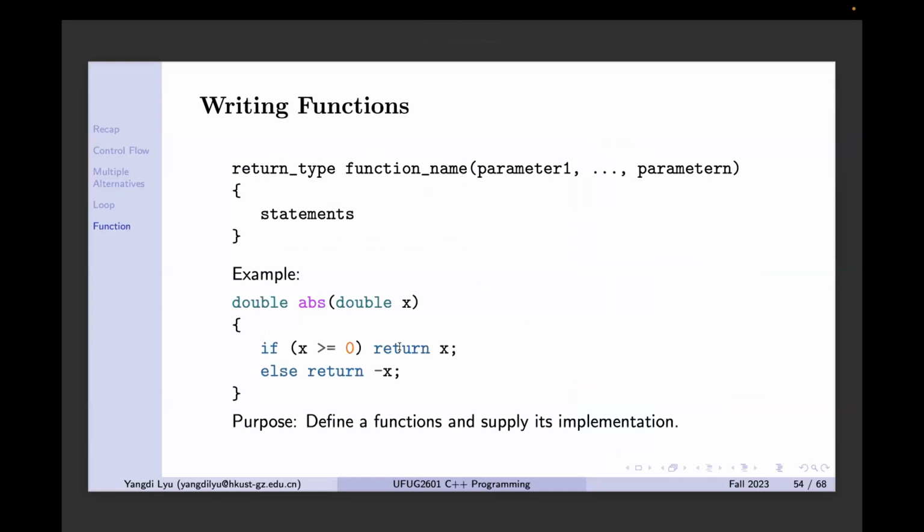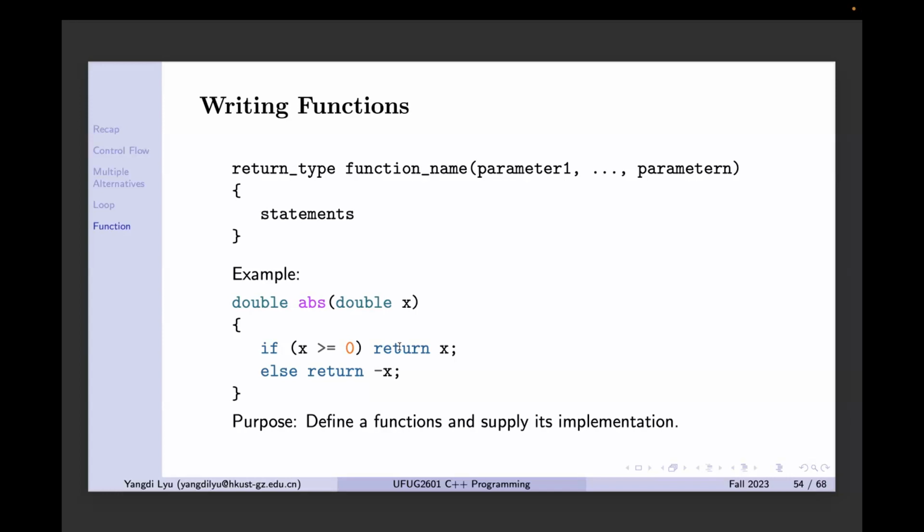The function name is ABS. The return type is a double. Our input is also a double. If x is greater than 0, we return x. Otherwise, we return negative x. This is the body of ABS. So this is how you define a function.